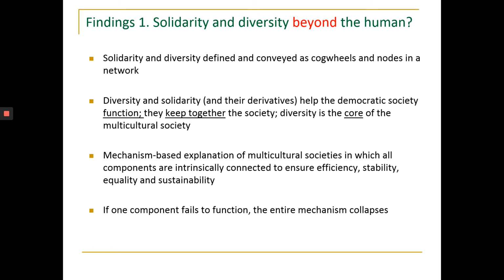They keep together the society. Diversity is the core of the multicultural society. The underlined words are the linguistic expressions of the metaphors solidarity is a cogwheel and diversity is a central node in a network.